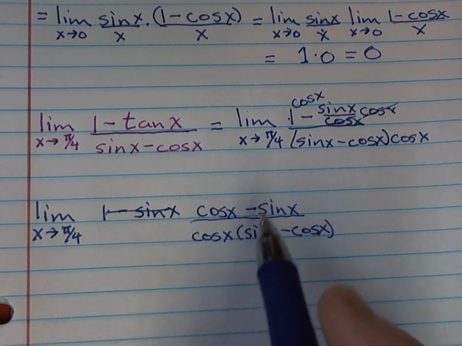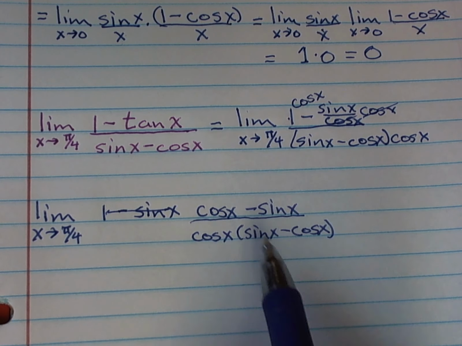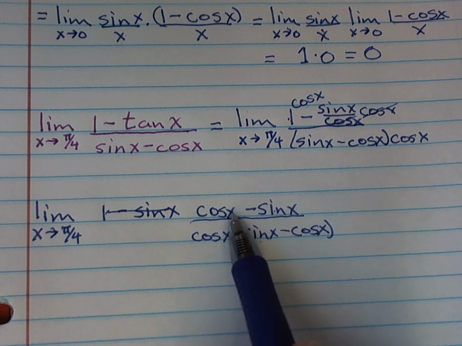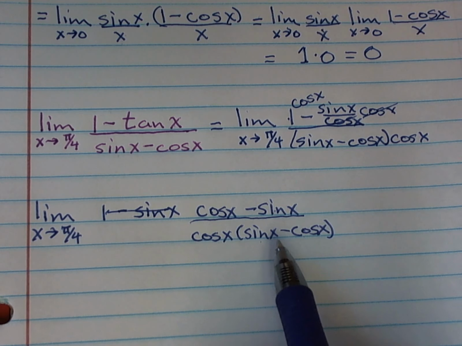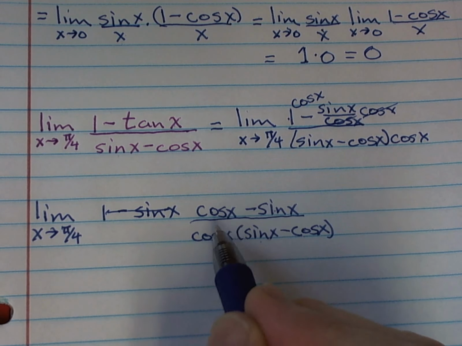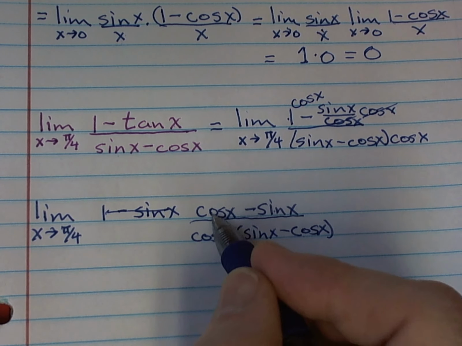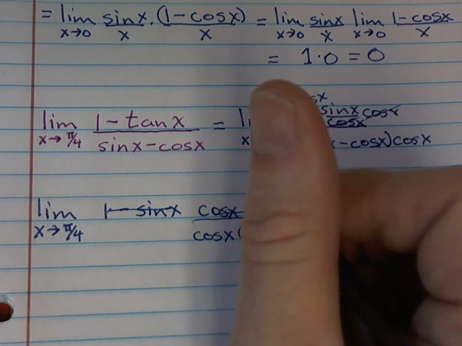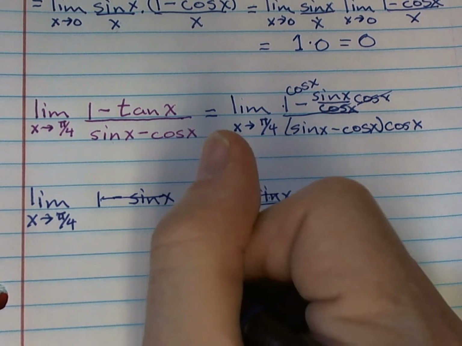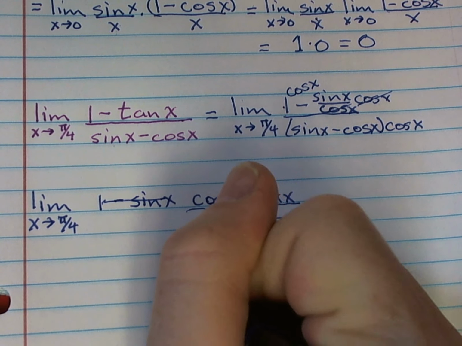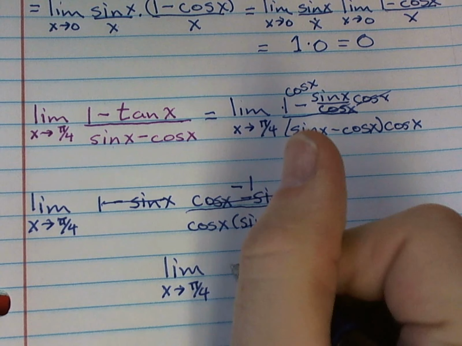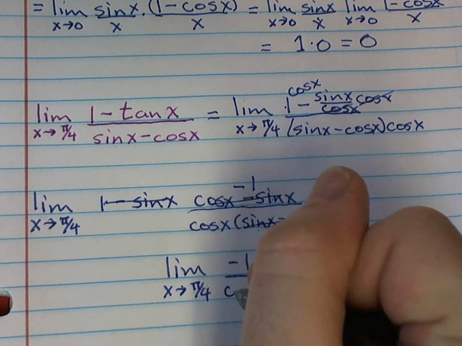Okay. Now, look at this situation. Cosine minus sine, sine minus cosine, those are opposites. It's like if you have 5 over negative 5. Well, you divide them and they're negative 1. So let me cancel these out, and I've got negative 1 up top. So let's look at our limit now. Our limit is now, as x goes to pi over 4, negative 1 over cosine.